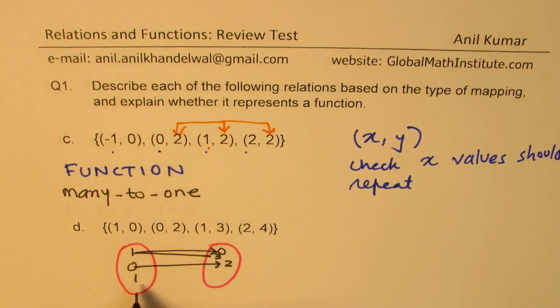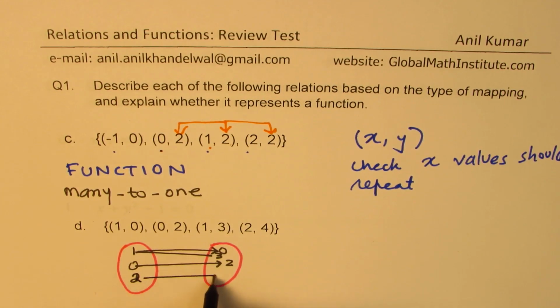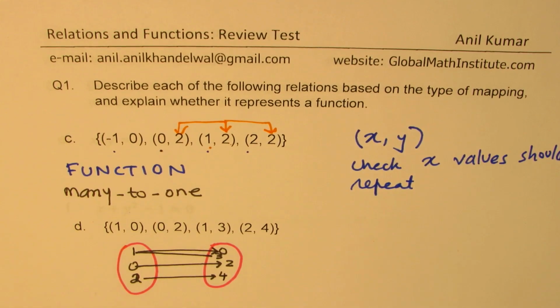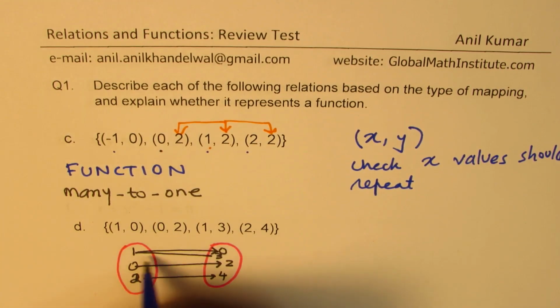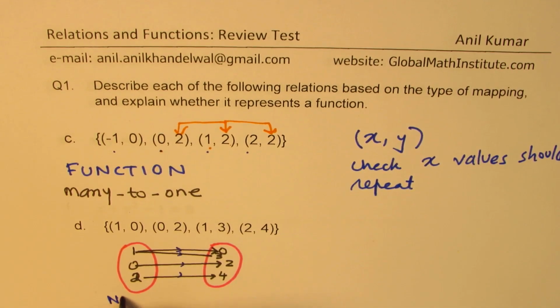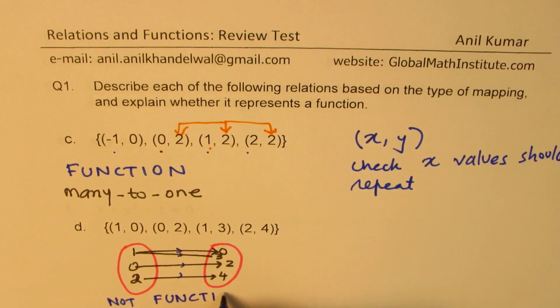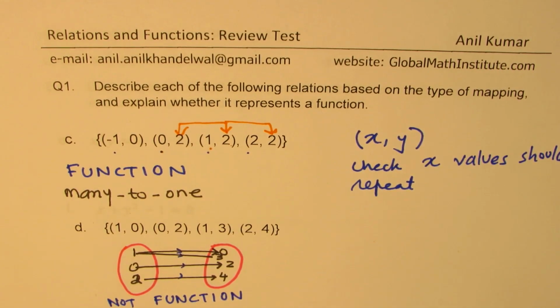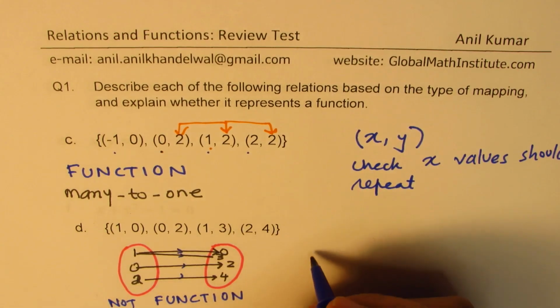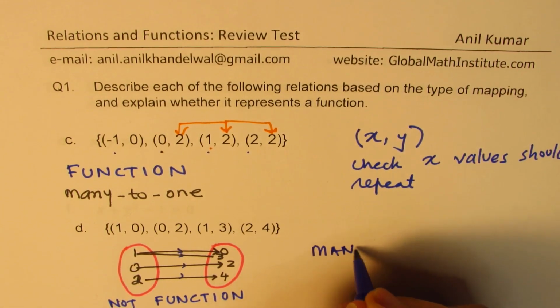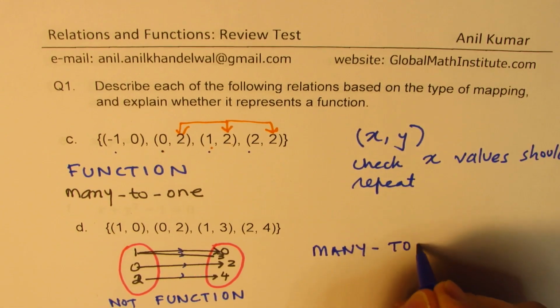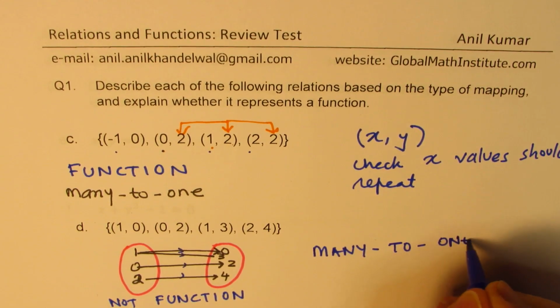And then we have 2 is mapped to 4. So what you see here is that 1 is mapped to two values and therefore it is not a function. Clear? And many are related to 1. So it is many to 1.